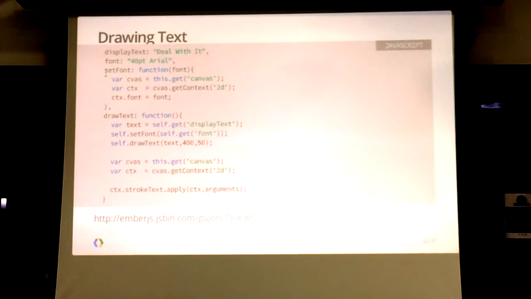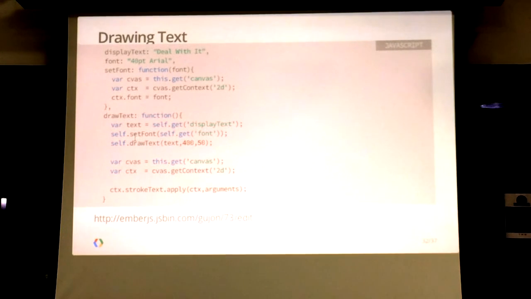Just wrap that up with a set font helper. Call draw text, and that calls the set font, and this is using an Ember property, so you can actually change the font in the UI I'm going to be showing you next.